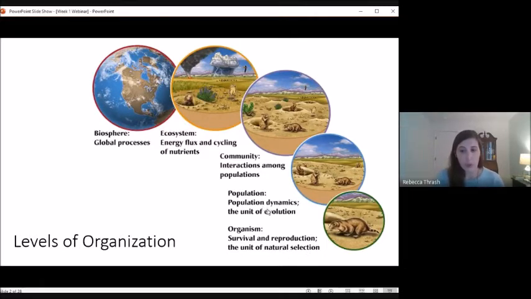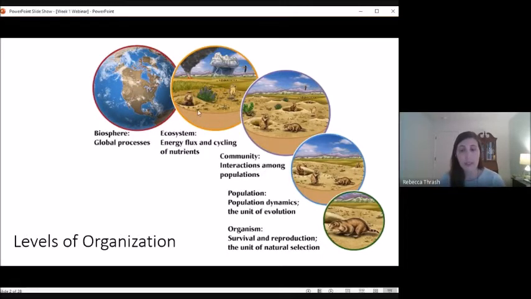And then you step up to the population level. That's the unit of evolution. I'll get to a little bit more about population dynamics in a minute. Then at the next level of organization, you have all of the populations that are present in a certain area. And in environmental science, we're really interested in what the interactions are among the different populations of a community and how certain environmental problems may change the way a community interacts.